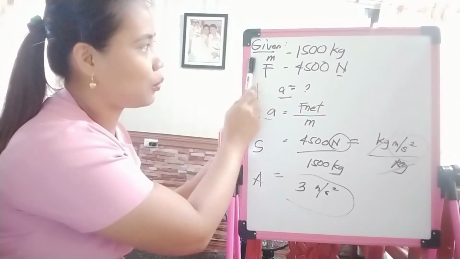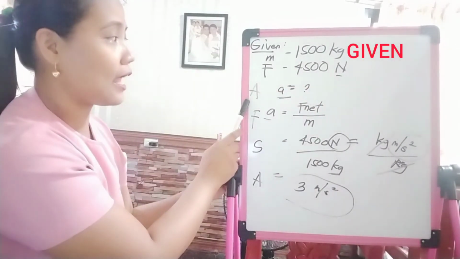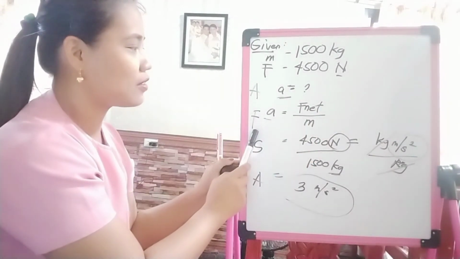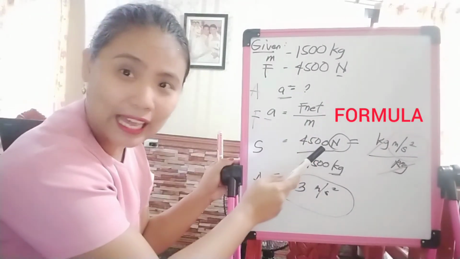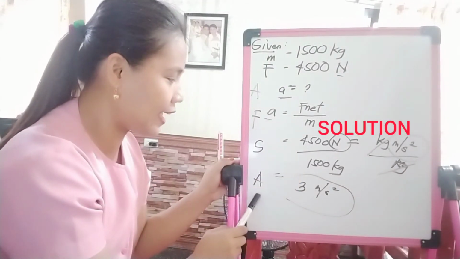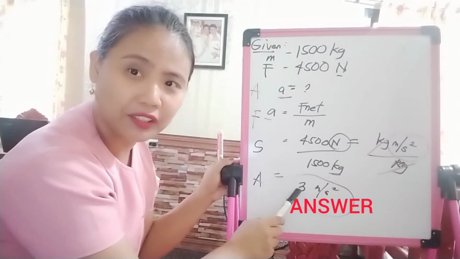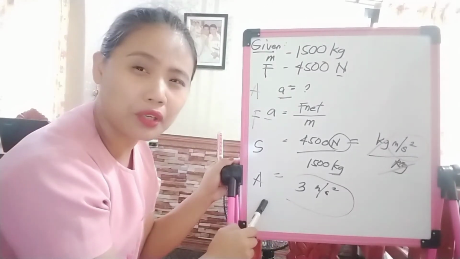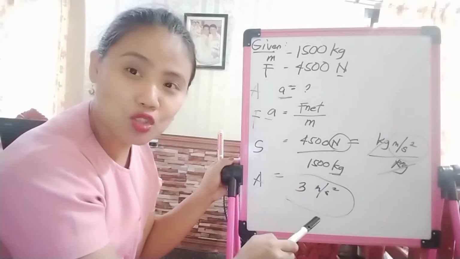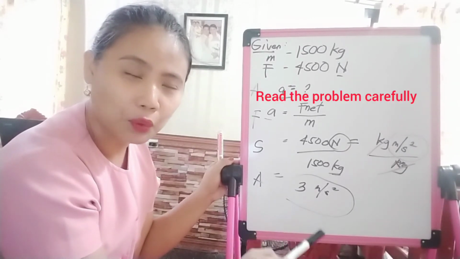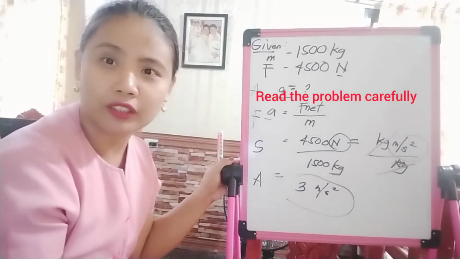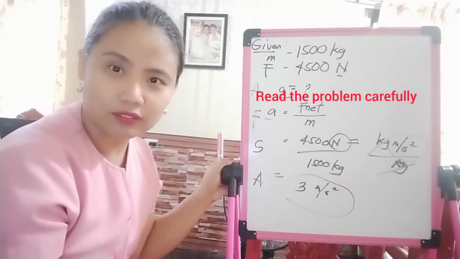G stands for given, A stands for what is asked, F stands for formula, S for solution, and A for the answer. Just make sure that you have read what is the question on the problem, or if there are other questions on the problem, you have to answer that question.